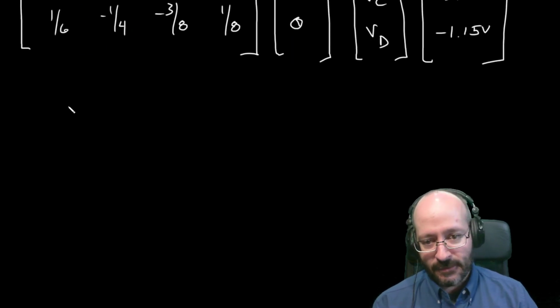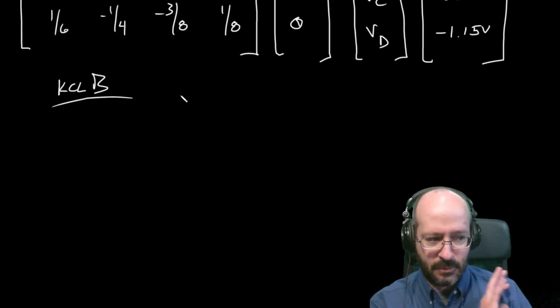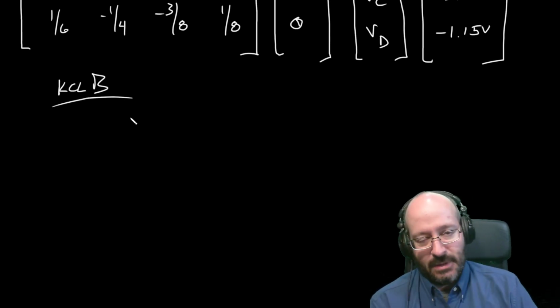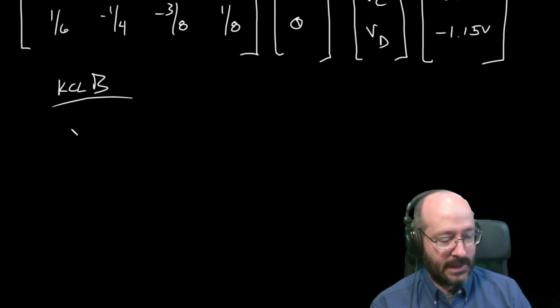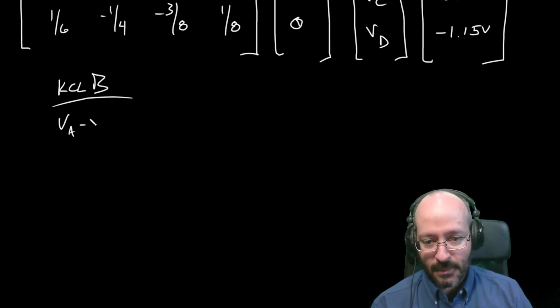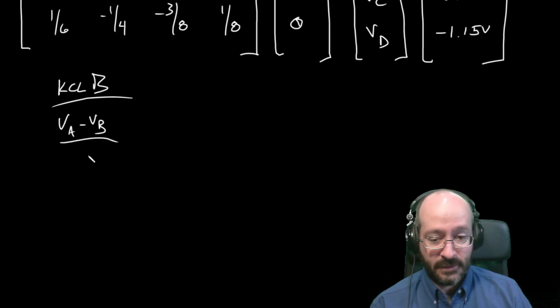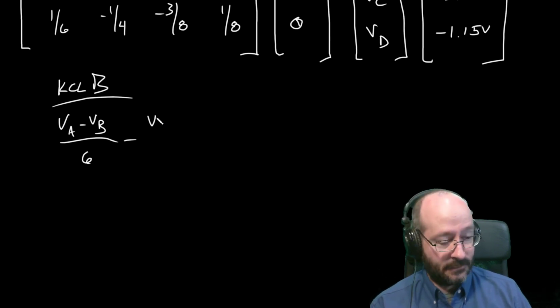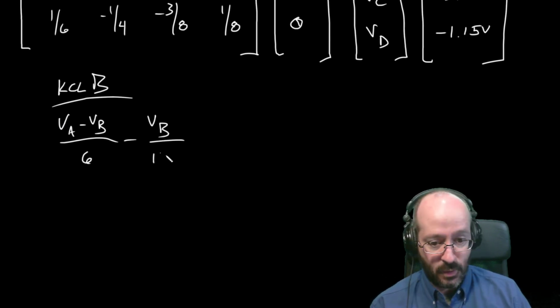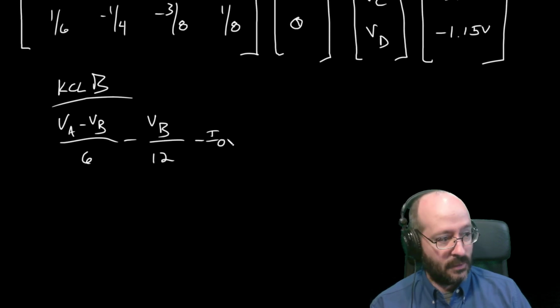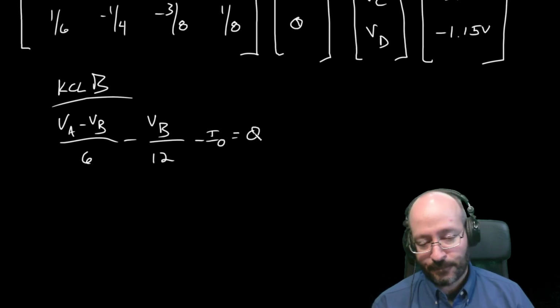Okay, so now to find I out, I'm writing the KCL for B, which before was not allowed. Well, you can do it, but you're adding an unknown by doing it. So this is going to be VA minus VB over 6 minus VB over 12 minus I out equals 0.